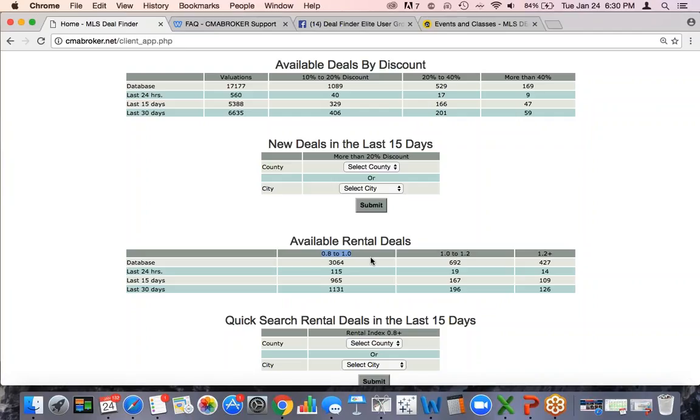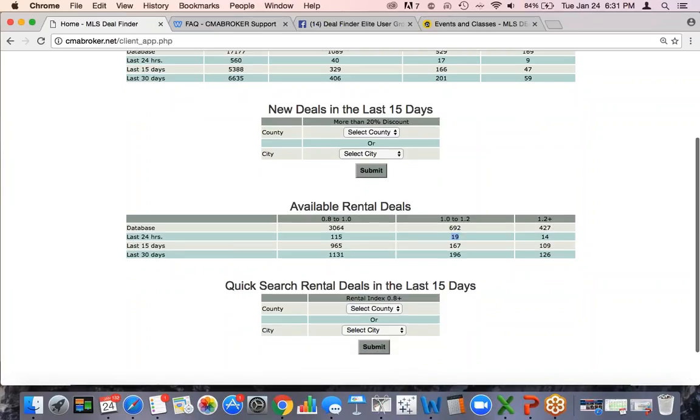These are good properties for you. There are 19 that are 1 to 1.2, so you're looking for a lot of cash flow from owning that property. These are going to be the deals that are for you. Now, it's possible that these houses are going to be in the less desirable areas. And then there are also properties that are higher than 1.2. So there's a shortcut here that we can look at.